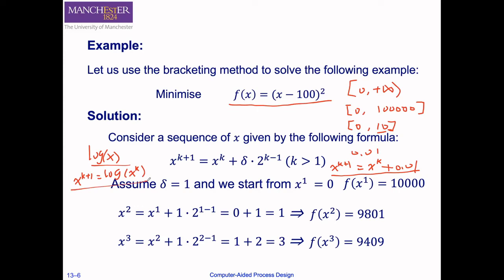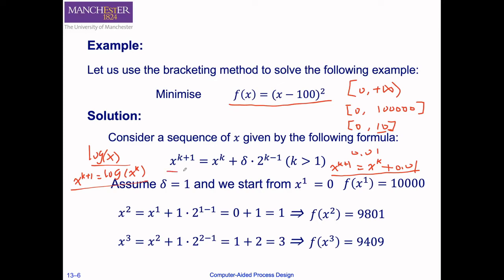Using this formula, we can also look at wide ranges of the variable x. You can also come up with other formulas to find the point for the next iteration based on the point at the current iteration. Of course, the efficiency largely depends on the strategy or the formula we provide.